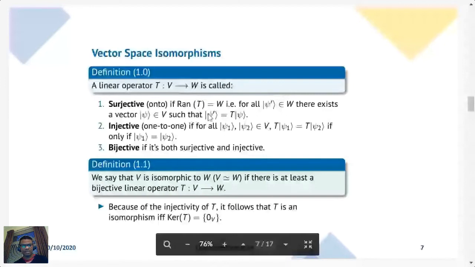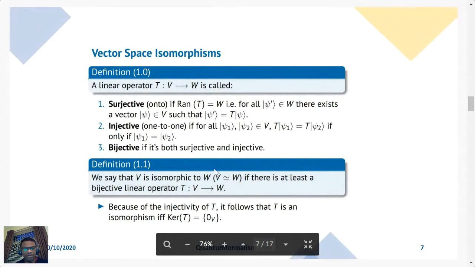And it's called injective, or one-to-one, if for any two elements psi one, psi two in V, when you apply the operator the results are equal only if the two vectors are equal. So T acting on psi one equals T acting on psi two only if the two psi's are equal. And then we say it's bijective if it's both surjective and injective.